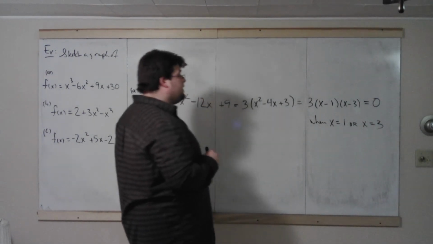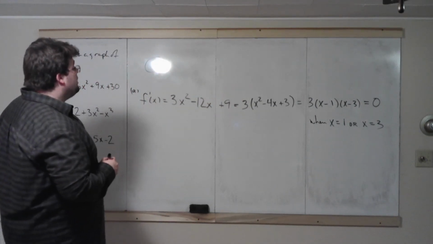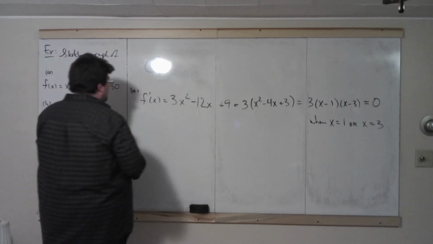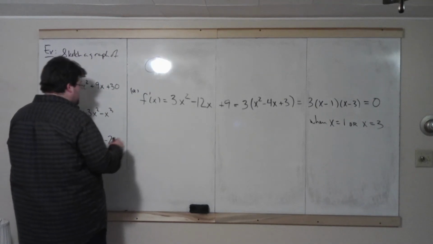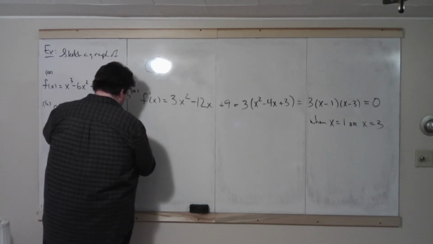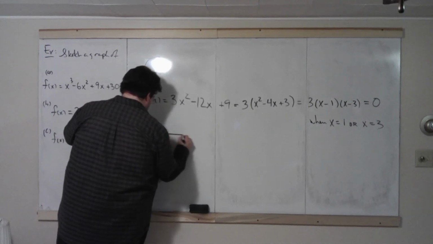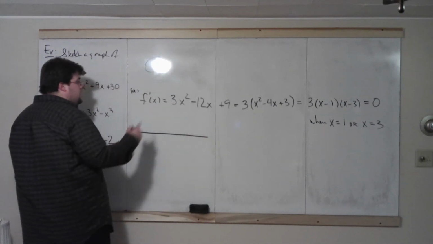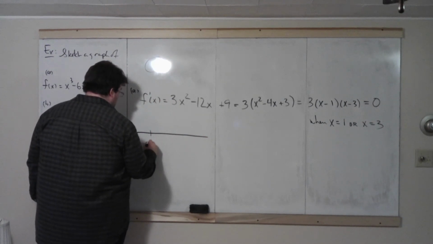We can use that to find where the first derivative is positive and where it's negative. And how can we do that? Well, I'm going to draw a number line. I'm going to break it at 1 and 3.